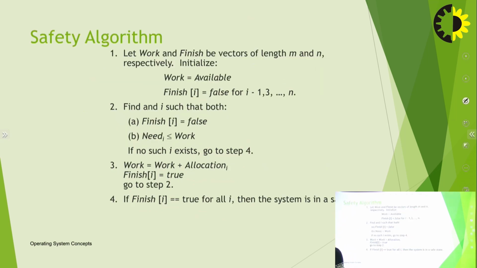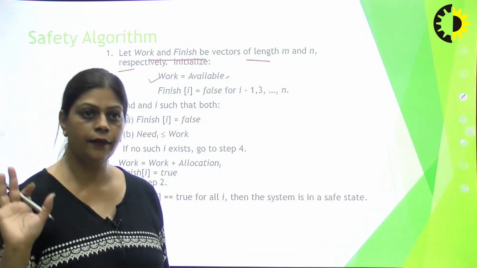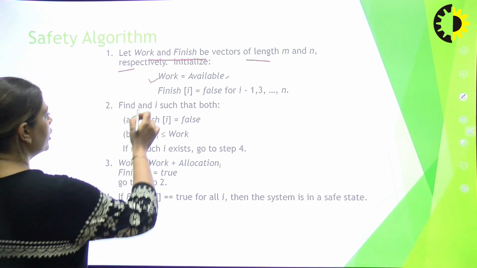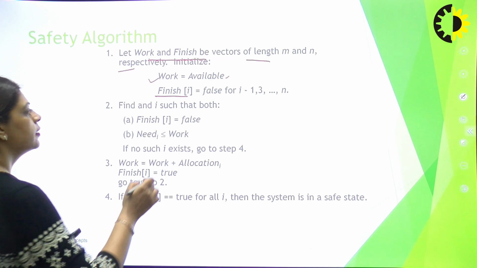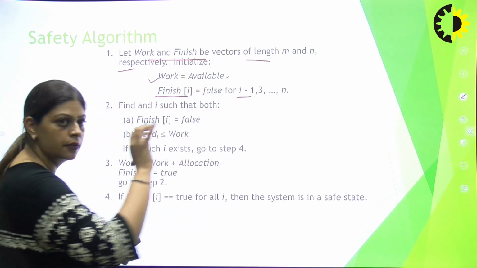Now first we will run the safety algorithm, right? Let Work and Finish be vectors of length m and n respectively. Work is equal to Available, meaning in Work we put the available resources. Available resources are those resources which are not allocated to anyone and are free, right? For Finish, we set Finish[i] to false for every process, because no process is finished in the starting.